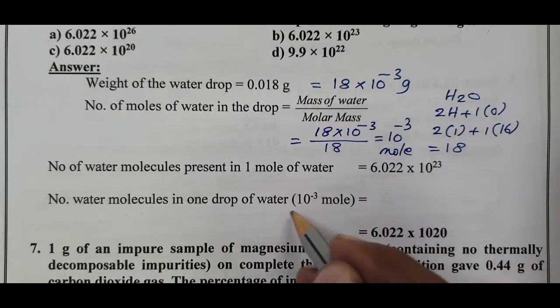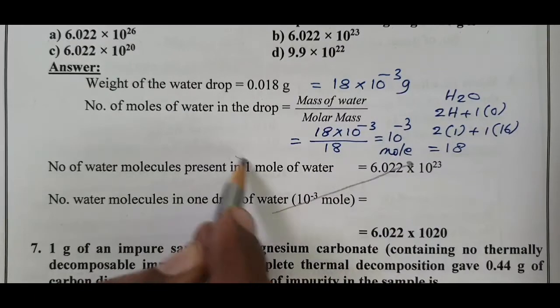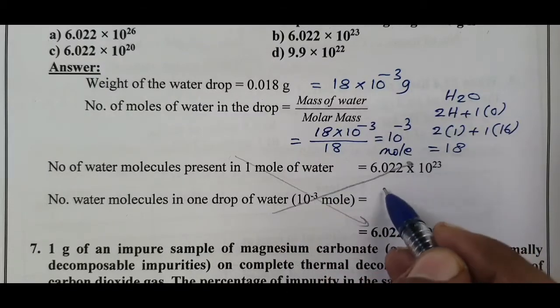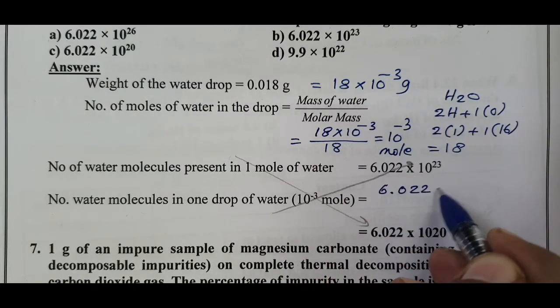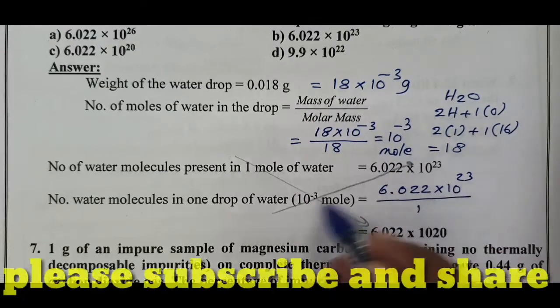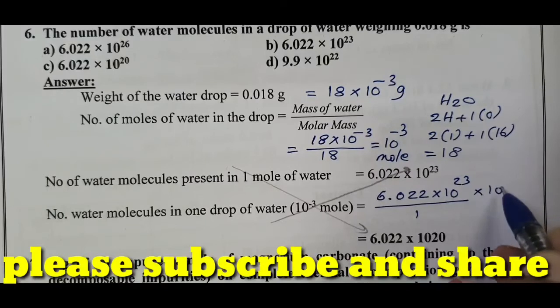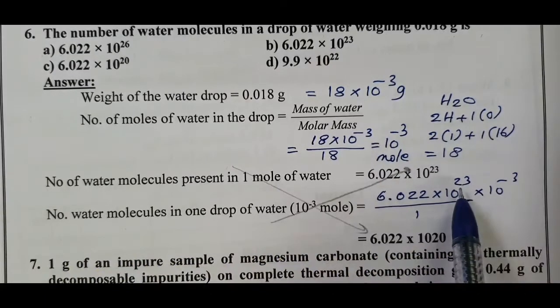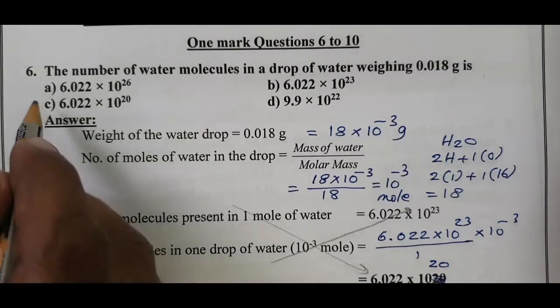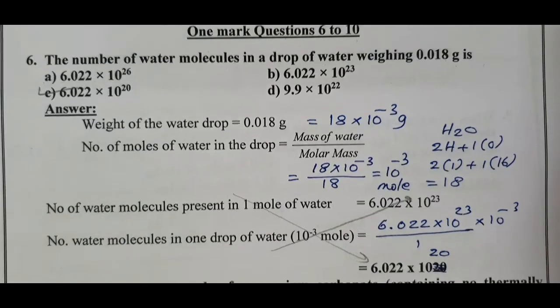By cross multiplication, 1 mole of water and 10^-3 mole of water, when I multiply, 6.022 × 10^23 divided by 1 into 10^-3. 10^23 with 10^-3 becomes 10^20. So, what is the answer? 6.022 × 10^20 is the answer. Answer is C, 6.022 × 10^20.